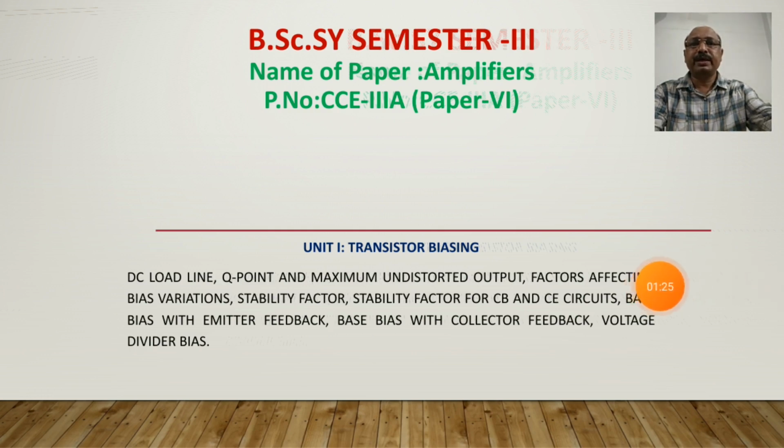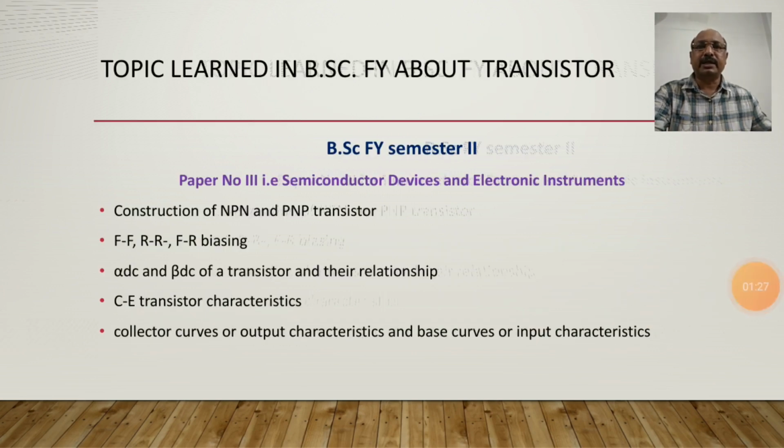Before we start the actual syllabus, let us see what we learned about the transistor in last year's syllabus. In BSc first year semester 2, we learned about the transistor in paper number 3, that is semiconductor devices and electronic instruments. In this paper, unit 2 is transistor. In the previous semester, we learned about the construction of NPN and PNP transistors.